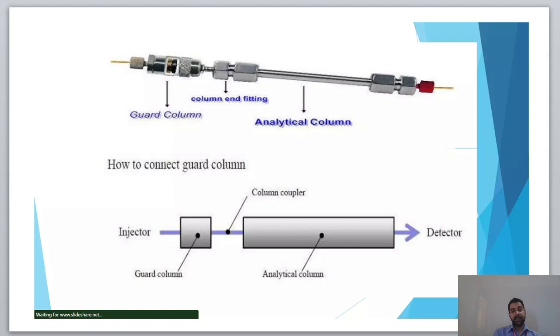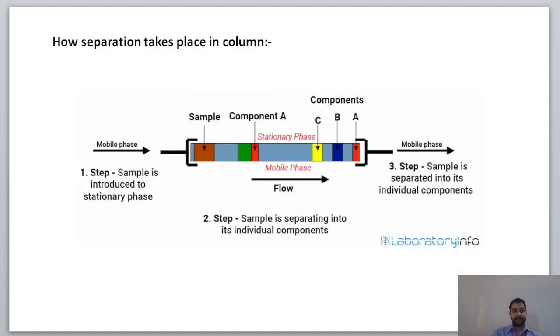Whatever material or impurities are present in the sample can be collected by this guard column. So it can filter the solvent, and it passes through the guard column, then only it is permitted into the analytical column. How to connect the guard column? Here is the injector and the guard column. Here in the diagram the flow is also represented clearly.